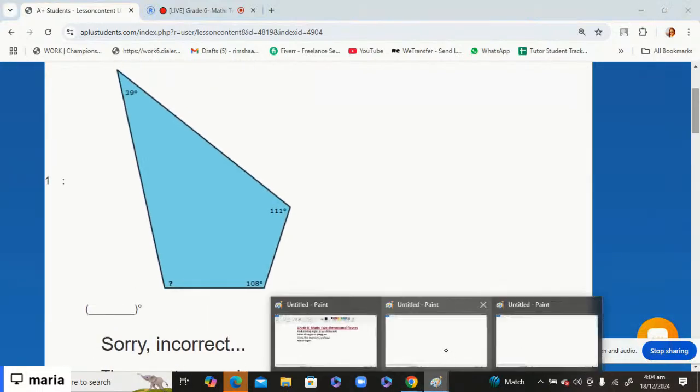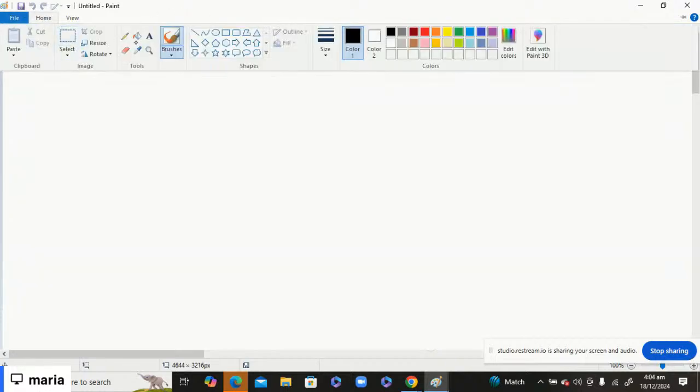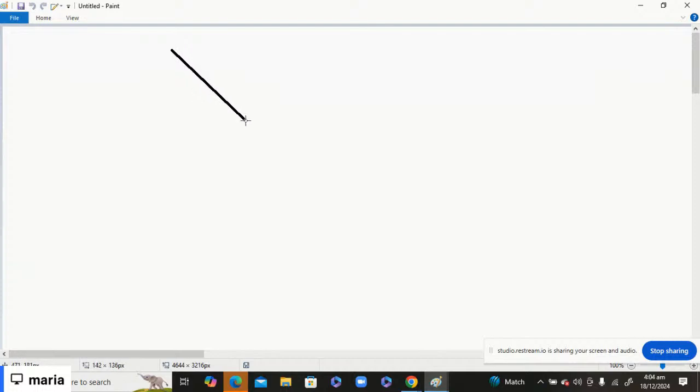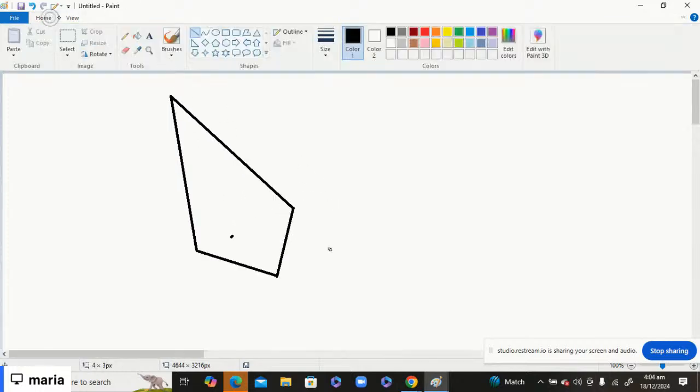So let's suppose, for example, here is the shape, and here are the four angles given: 111 degrees, then 102 degrees, then 39 degrees.